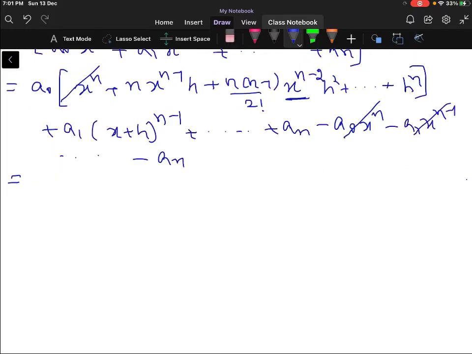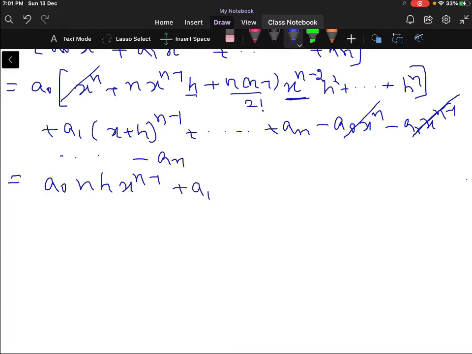Now this can be written as a0 into n into h x power n minus 1 plus and so on. But here when a1 coefficient x plus h whole power n minus 1 is there, when you use binomial theorem, a1 into x to the power of n minus 1 and minus a1 into x to the power of n minus 1 get cancelled.